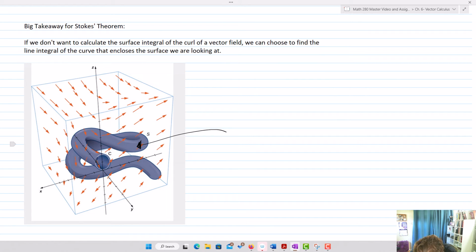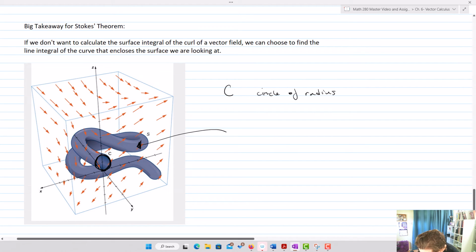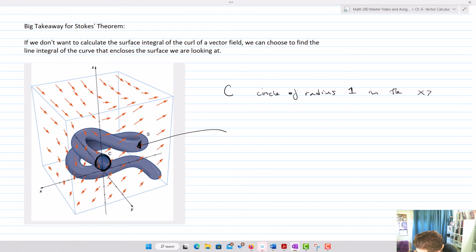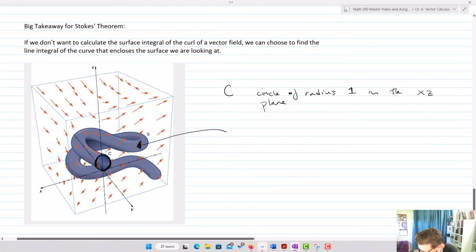Instead, I can just find the line integral around this curve right here that encloses the entirety of my surface, which is just this circle right there. My C is a circle of radius 1 in the xz plane.